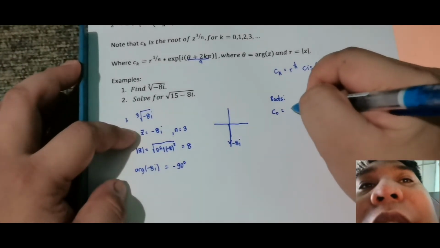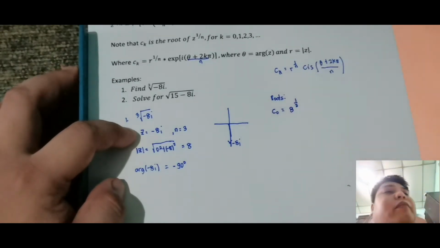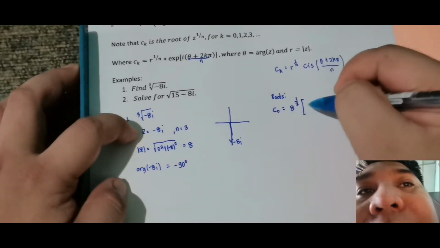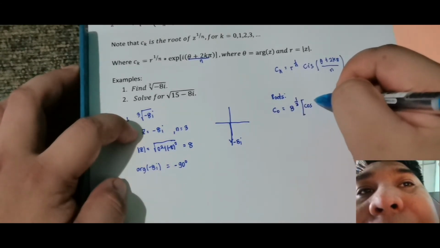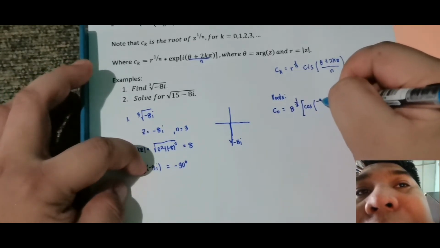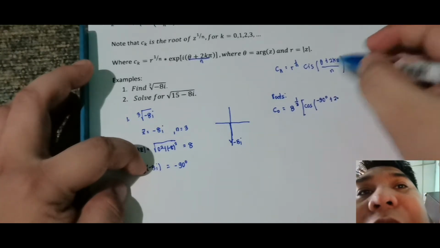So that is 8 raised to 1/3, because that's n. Okay, then let's expand c. So that is cosine of theta. So what is theta? That's negative 90 degrees plus 2 times k, what is k? It's C sub k.